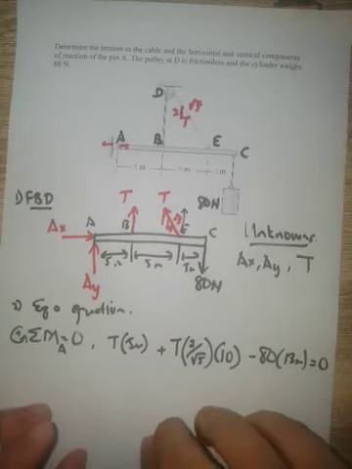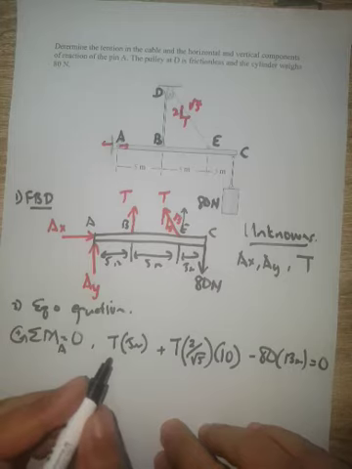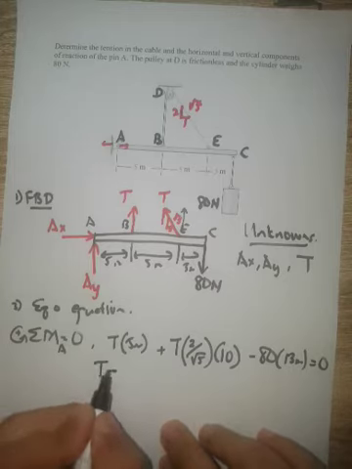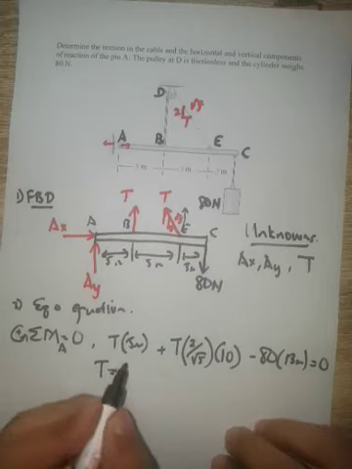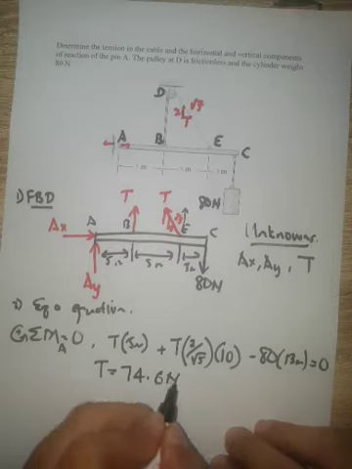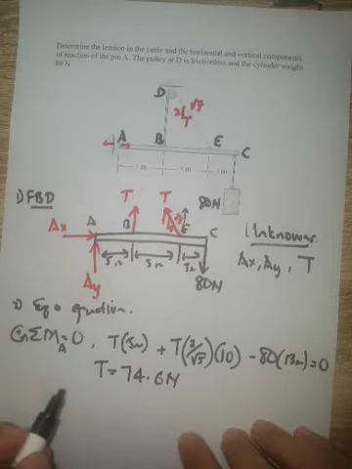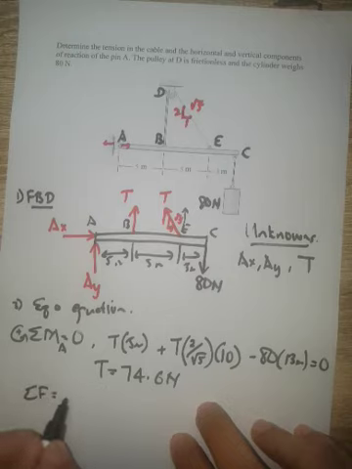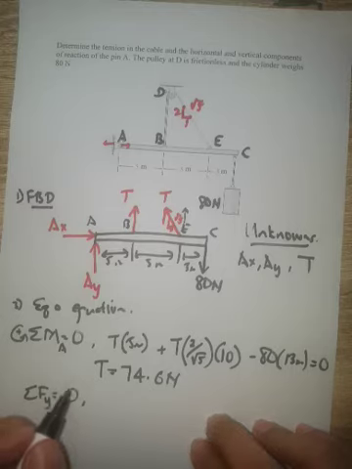So directly from this equation we can determine T. T is equal to 74.6 Newton. And then the next equation is the total of forces in the y direction equal to 0, with upward as positive.